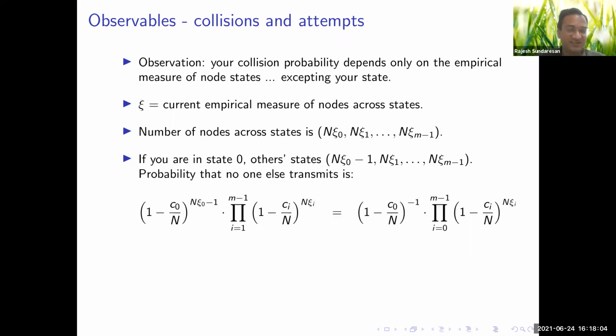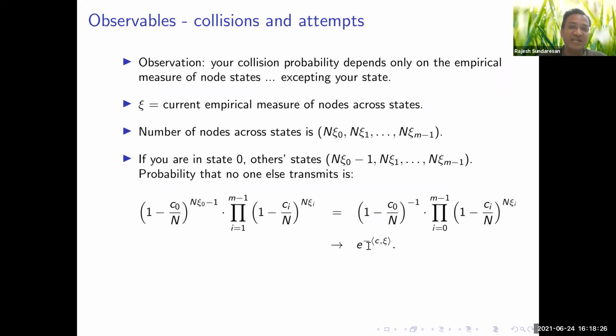We can symmetrize this. It's asymmetric because I've considered your state to be state 0. We'll symmetrize this by removing the minus 1, and then we have this expression. And we'll pass to the limit as n becomes large. So this is approximately e to the minus xi i ci, a product.